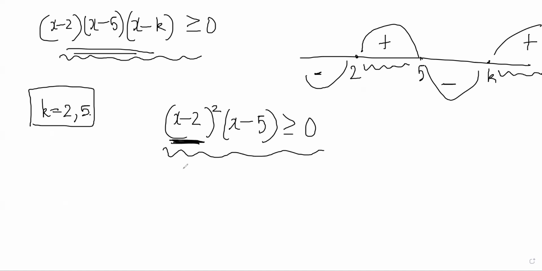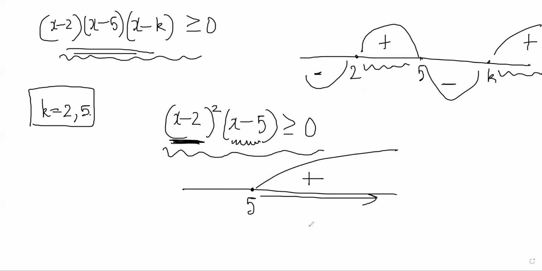No. Obviously, it will be positive forever. What you have to worry about here is the sign of the x minus 5. That is one single interval. The solution is x greater than or equal to 5.